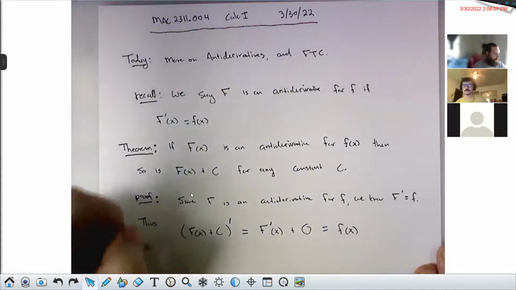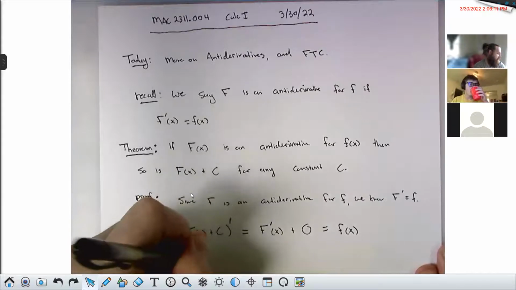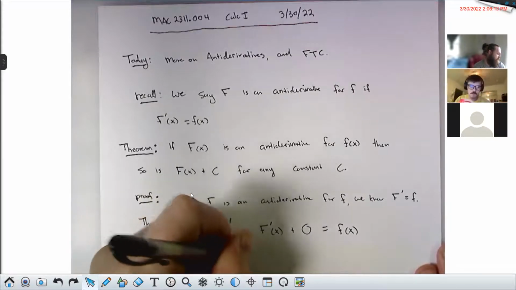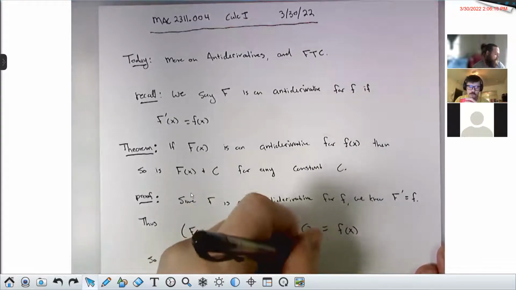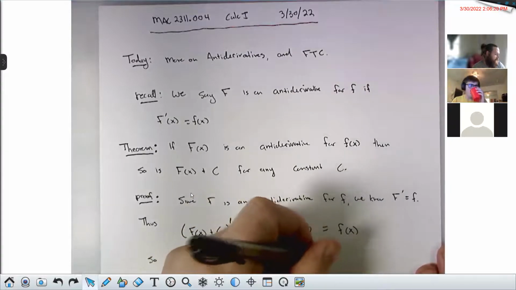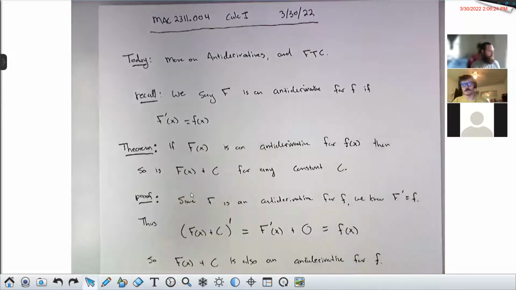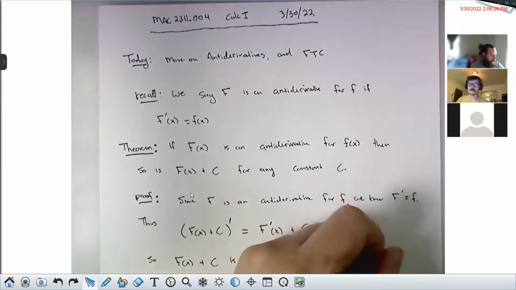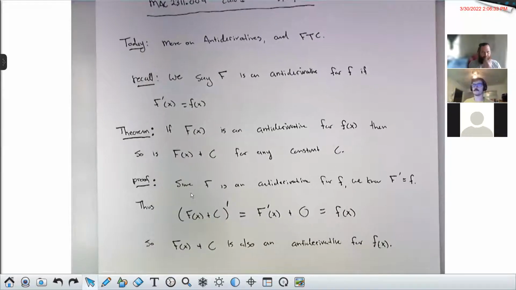And that's it. So big F of x plus c is also an antiderivative for little f of x. Right. That's it.